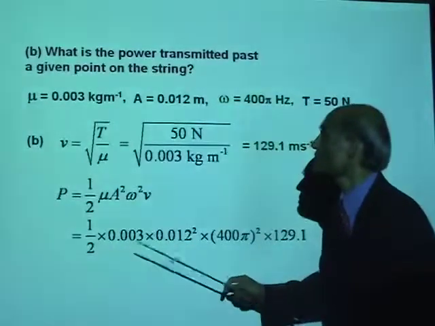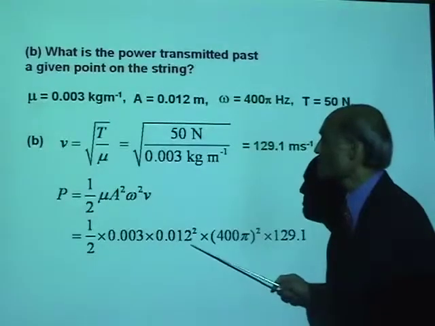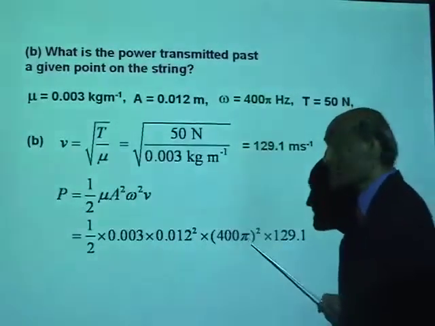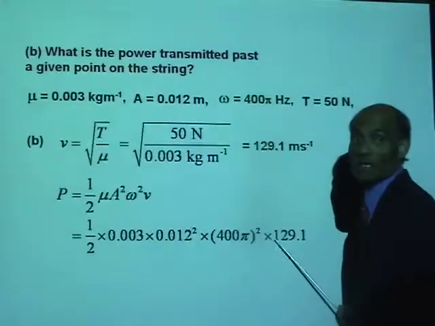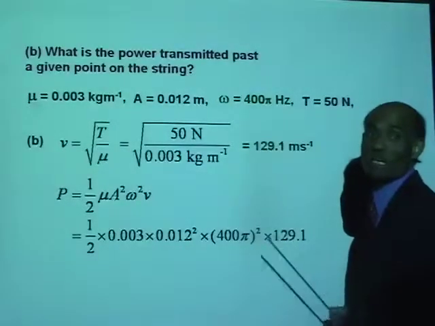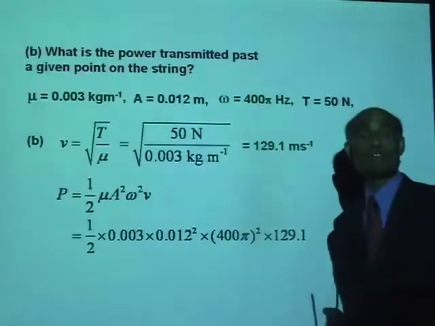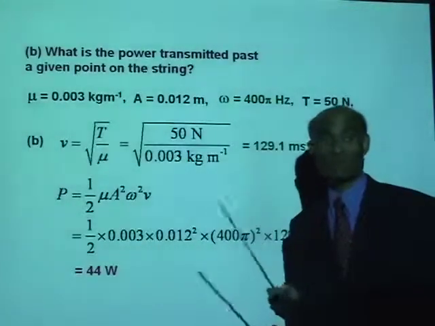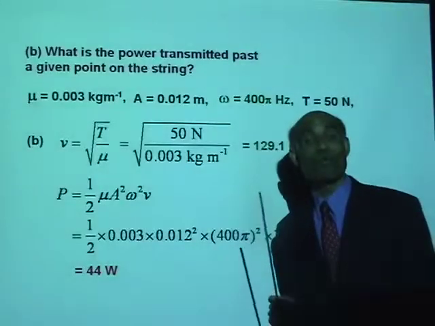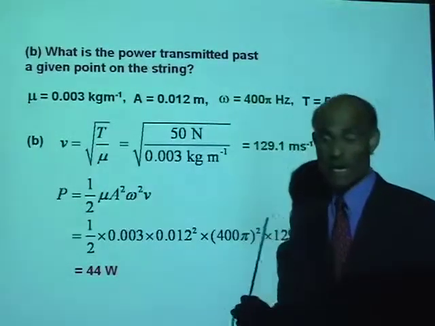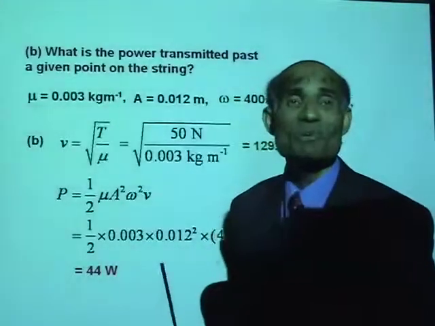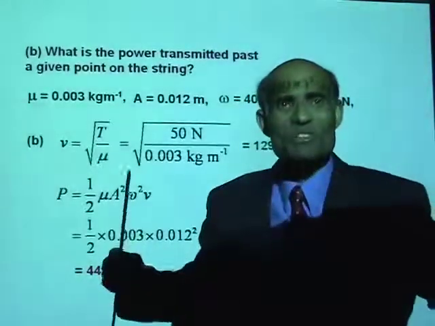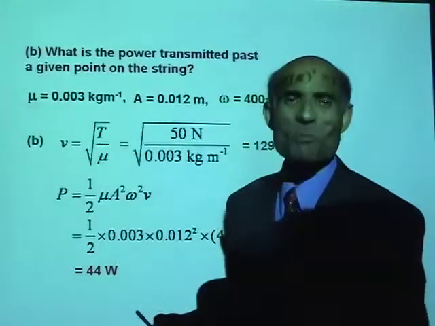Mu is 0.003, amplitude is 0.012 meter, omega is 400 pi, times v, the speed, 129.1 meter per second. And what does that give you? 44 watt.